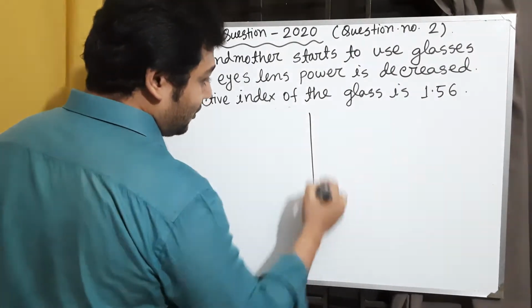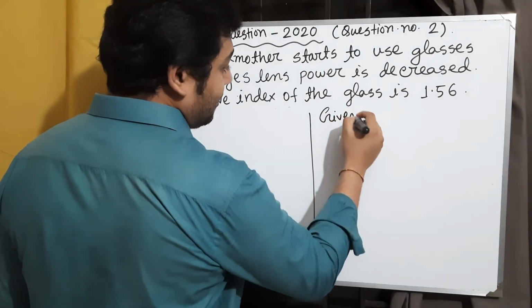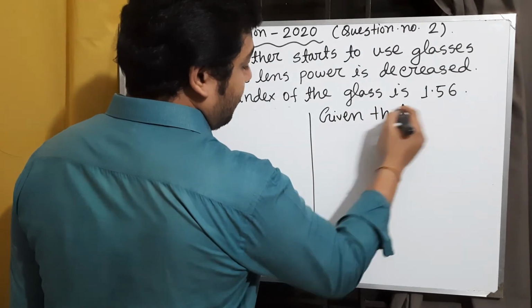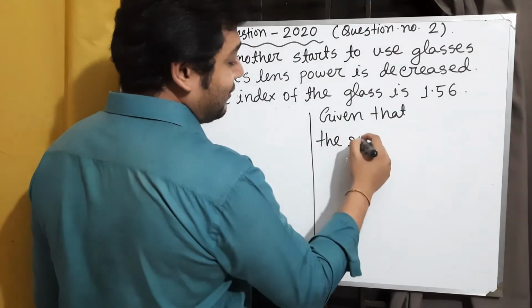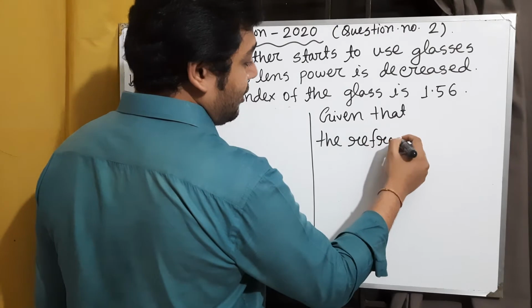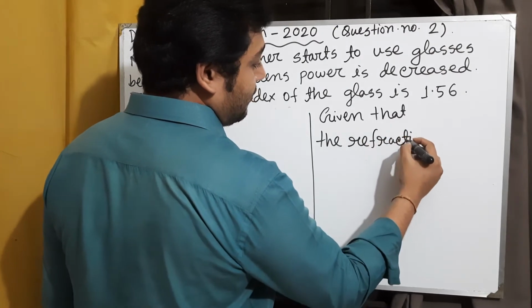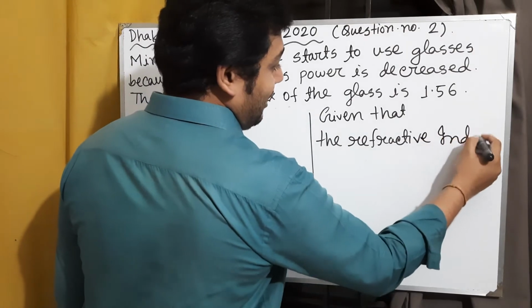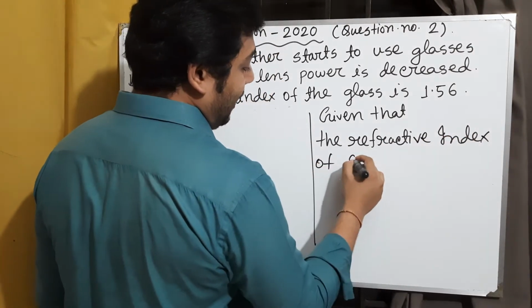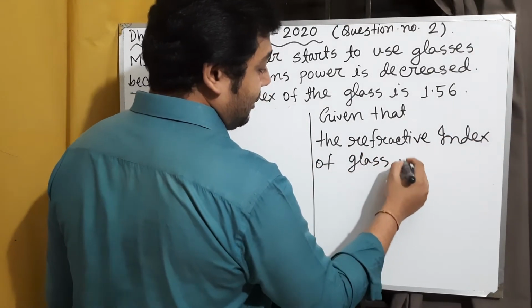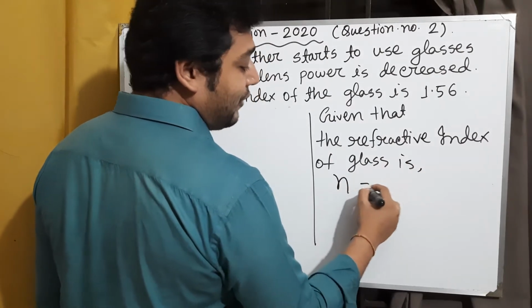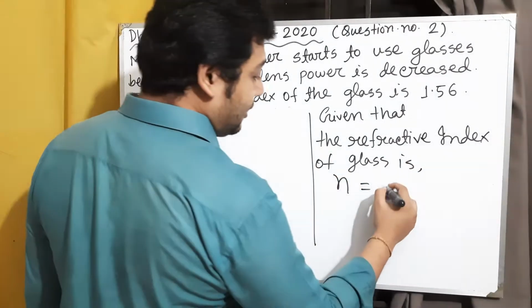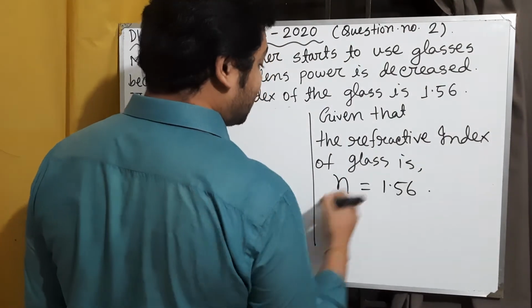So, given that the refractive index of glass, denoted by n, is 1.56.